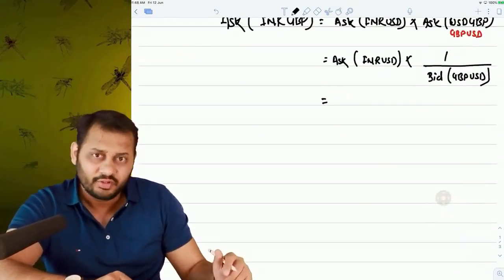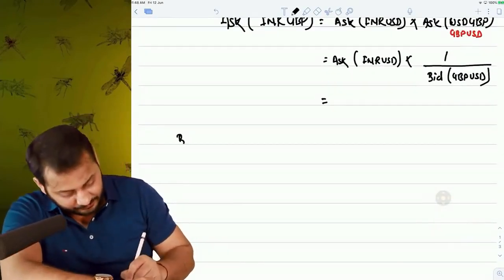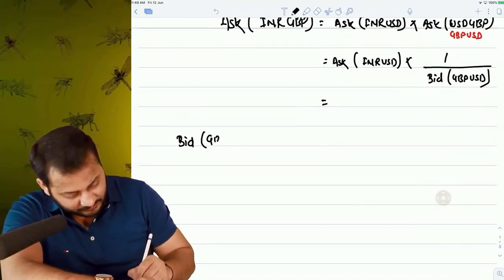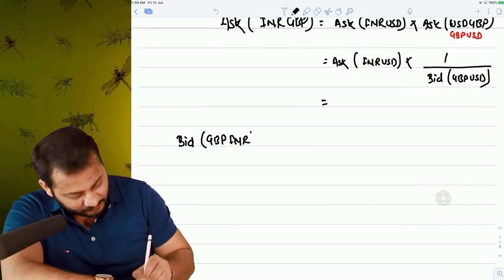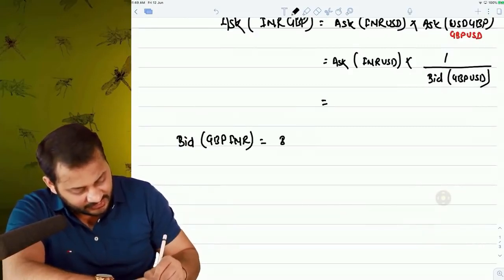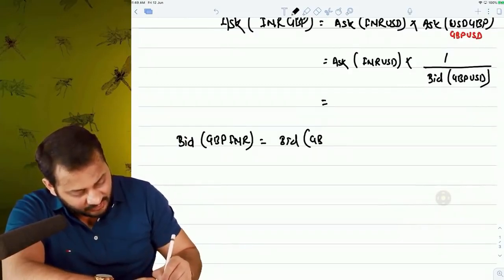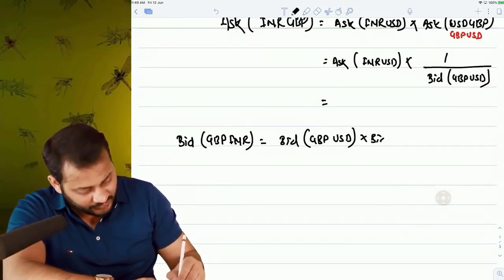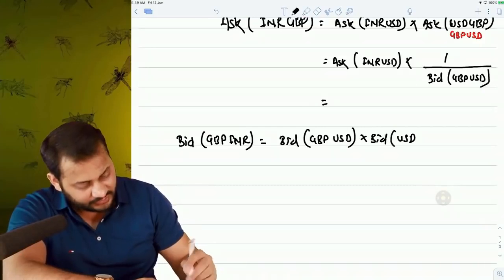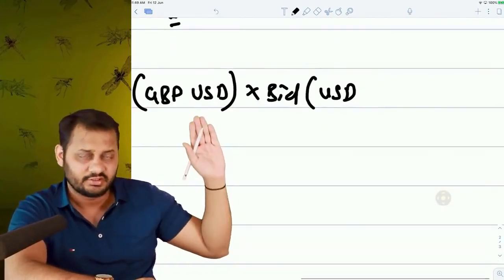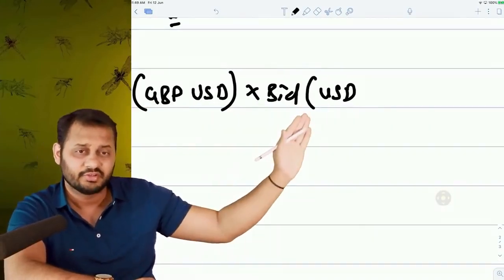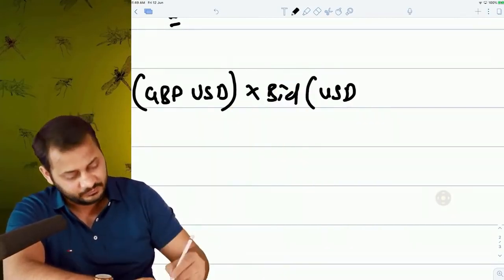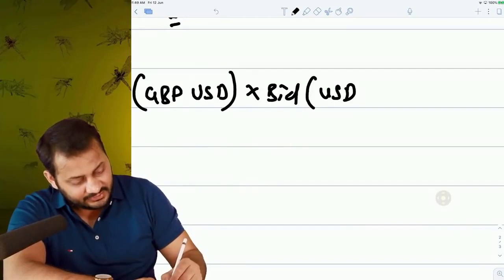What if, sir, 4 currencies are there? Let's say we need bid of GBP INR and 4 currencies are there. Then I can frame it like this: bid of GBP USD, then bid of USD JPY, Japanese yen. Always, if USD is written last here, it should be first in the very next part, because only then we can cancel it.